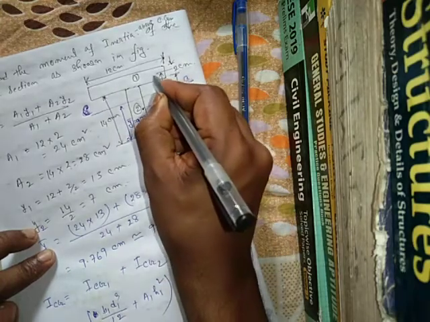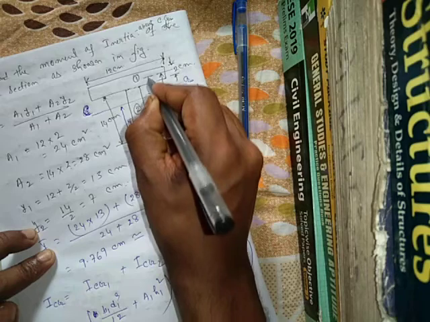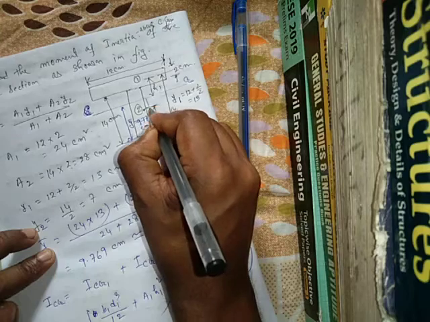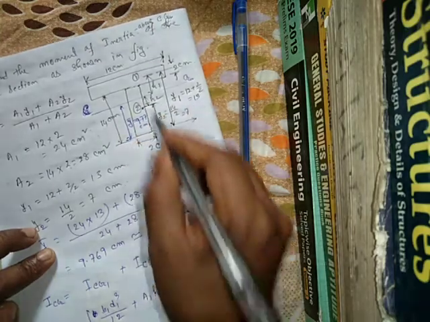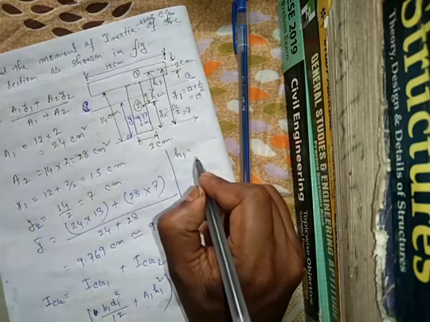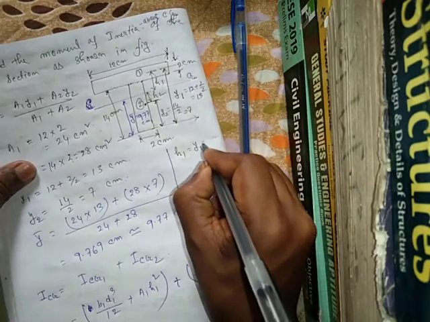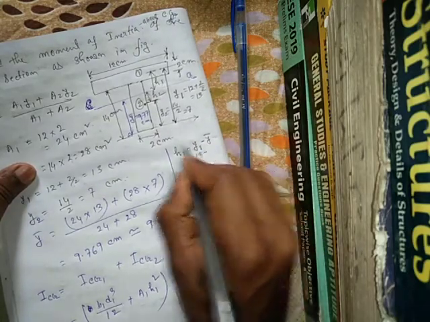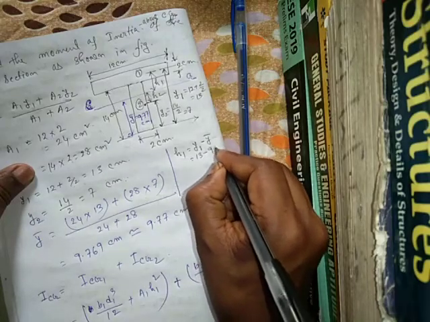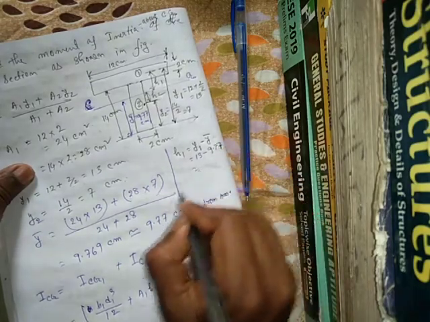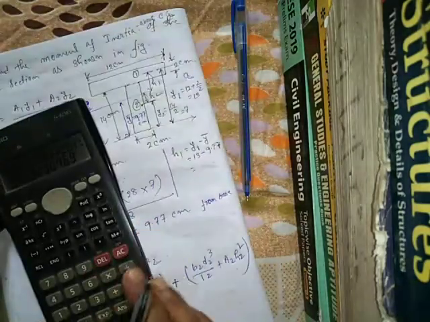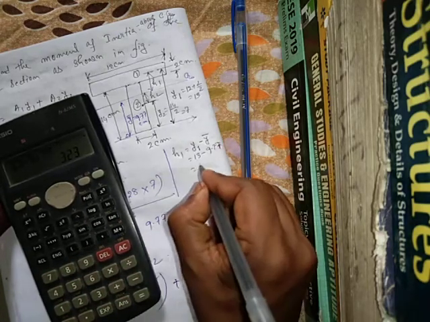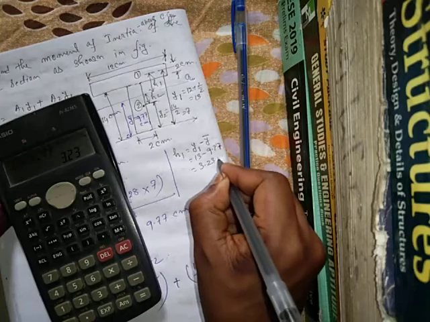H1 for section 1 is the distance from here to here, and this distance is H2. H1 will be y1 minus y bar, which is 13 minus 9.77, equal to 3.23 centimeter.